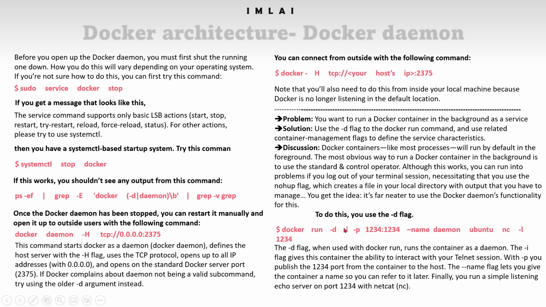The I flag gives the container the ability to interact with your telnet session. With the P option, you publish port 1234 from the container to the host. That's the mapping. And the name flag lets you give the container a name so you can refer to it later. And finally, you run a simple listening echo server on 1234 with netcat, that is nc, the netcat server.